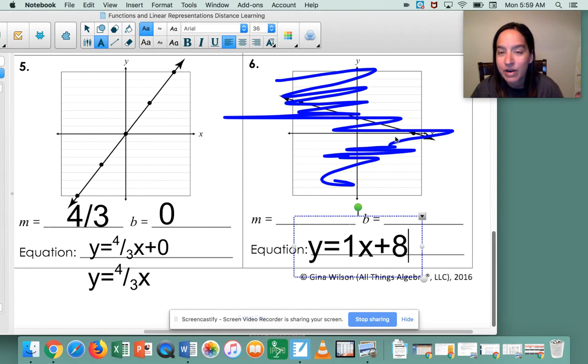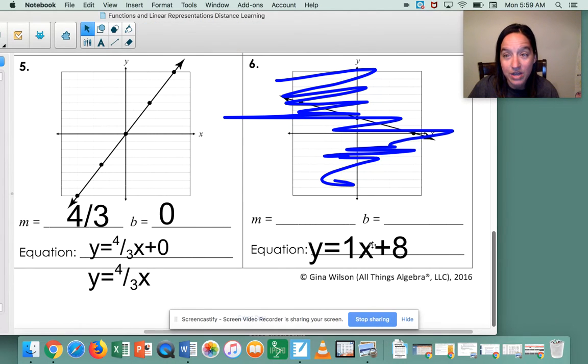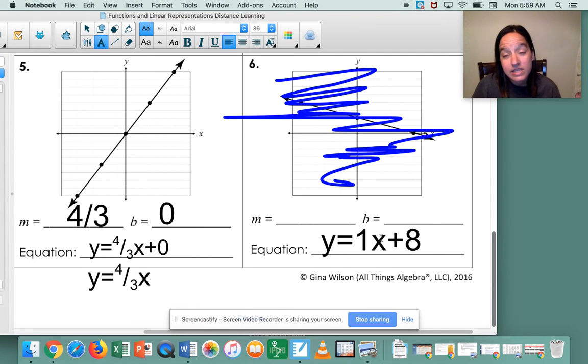Now again, the graph that was there was not y equals 1x plus 8. But let's say I got that. A lot of you, I'm hoping that you'll notice you don't actually need that 1. If I ever get a slope where my slope is 1, where it's going up 1 over 1, you should know that a coefficient of 1 doesn't need to be written. It's not wrong. It's just a lot of extra symbols.